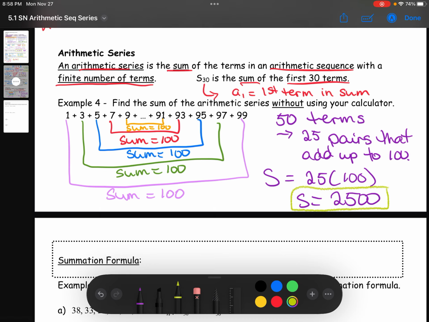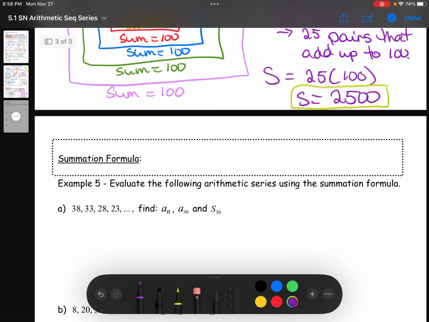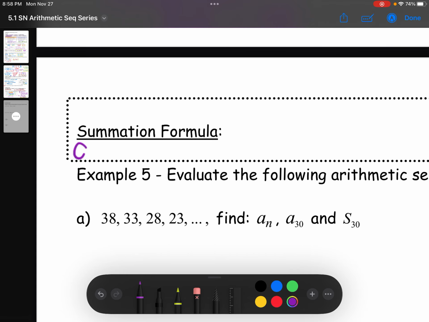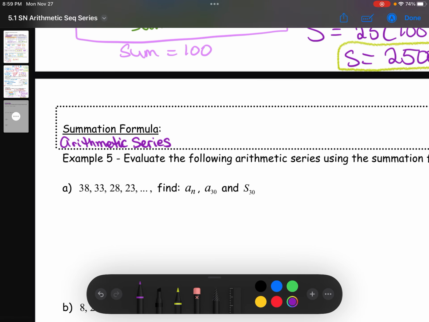So we have a formula we can translate this into. This is the summation formula for an arithmetic series. Only for an arithmetic series.